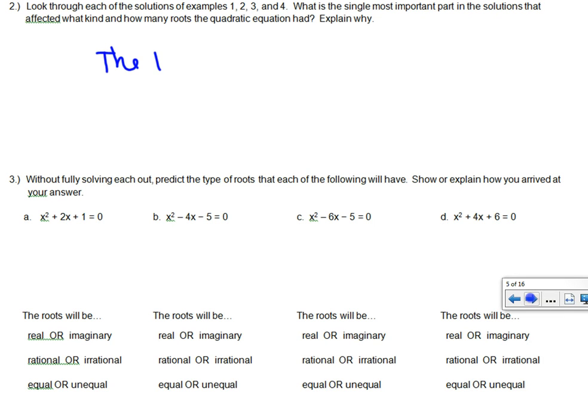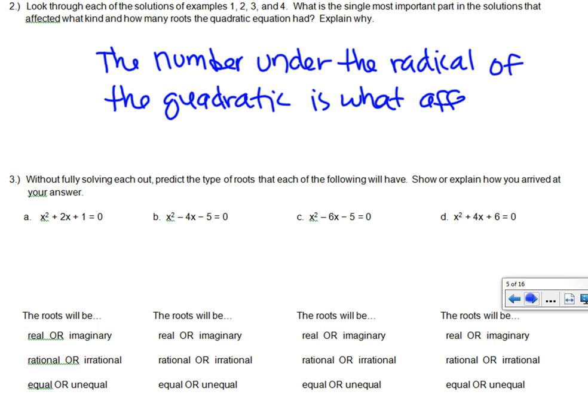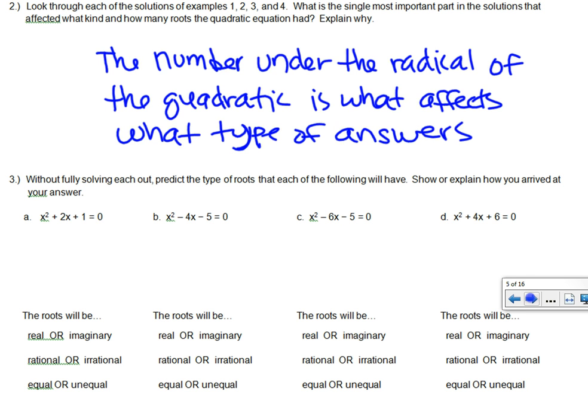So the number under the radical of the quadratic formula is what affects what type of numbers you get, or what type of answers, and how many.